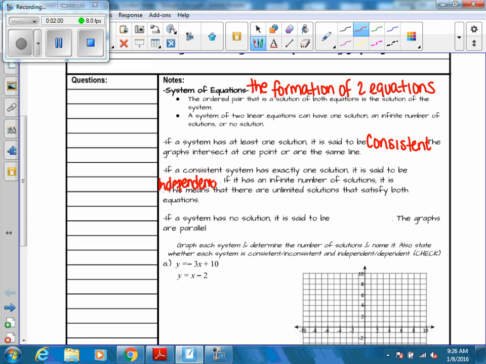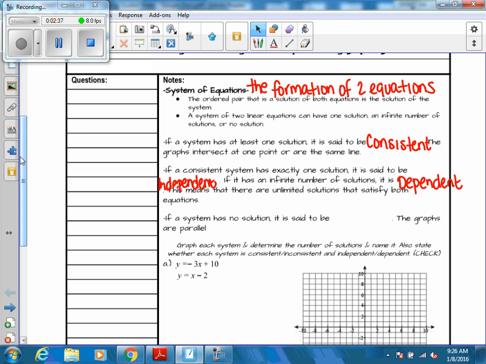If it has an infinite number of solutions, it is going to be dependent. This means that there are unlimited solutions that satisfy both of the equations in my system.